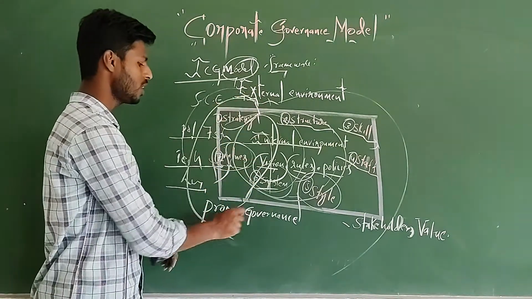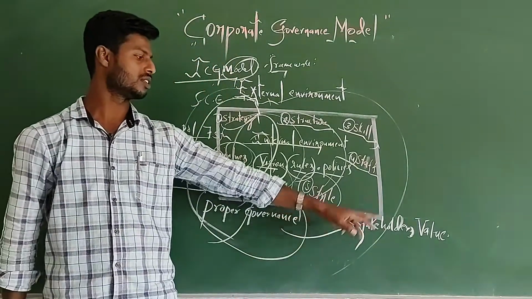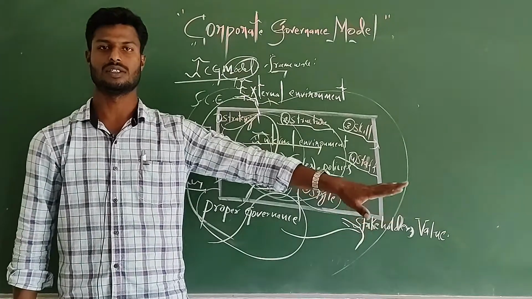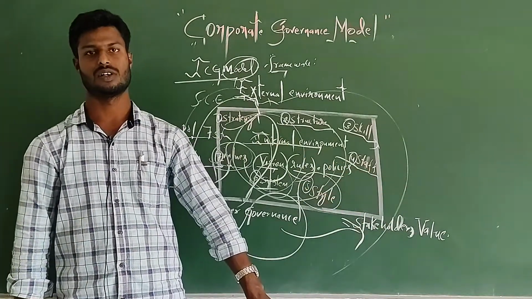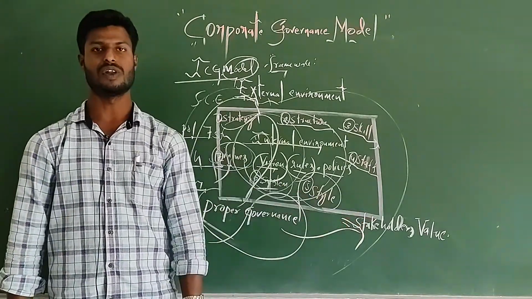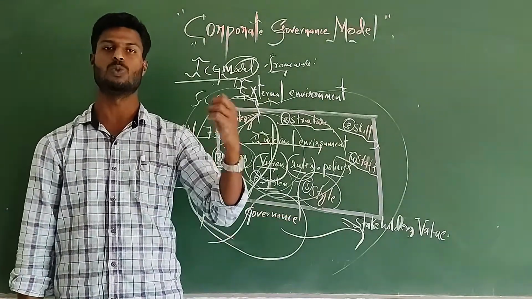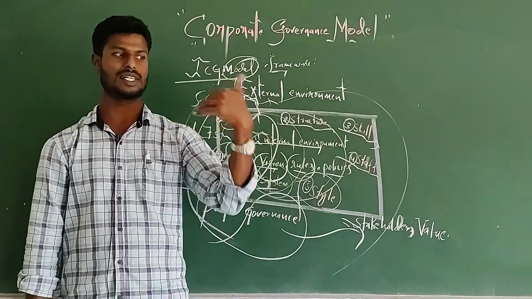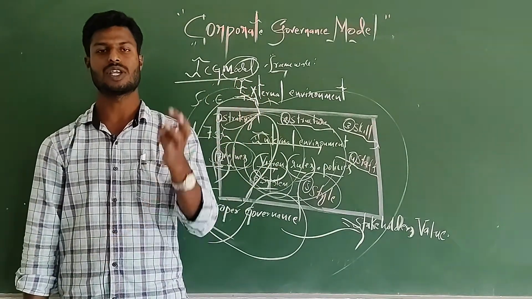And in order to maintain proper governance, to reach stakeholders' value or strive towards the welfare of the stakeholders or show concern towards the welfare and well-being of all the stakeholders of the business. Here stakeholders means both direct and indirect contributors: customer, supplier, general public, government, employee.